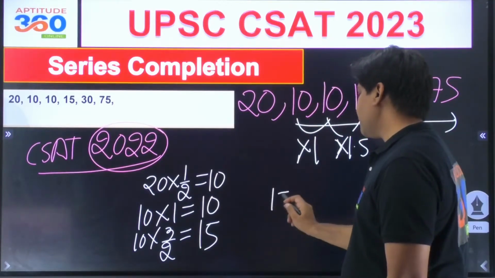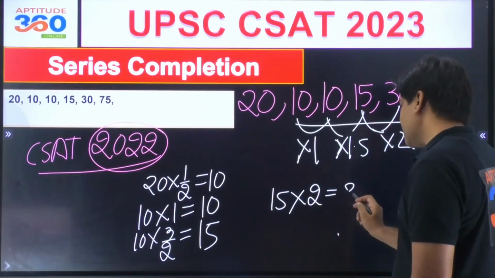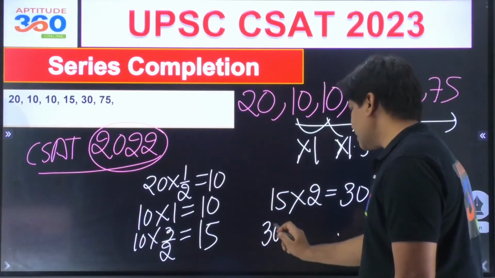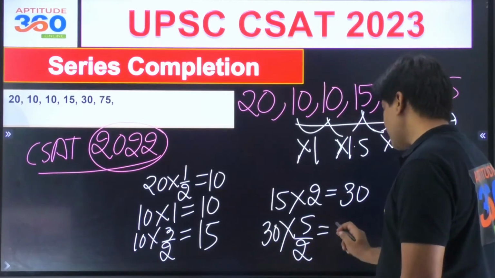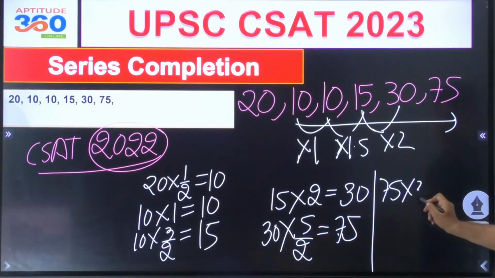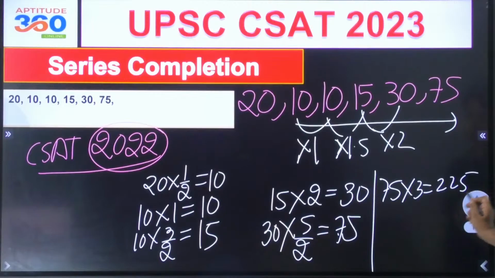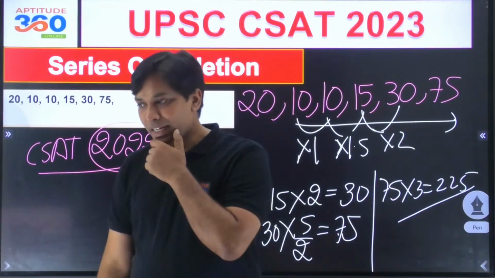And then 15 into 2 is 30, and then 30 into 2.5, which is 5 by 2, comes out as 75. So 75 into 3, this number is coming out as 225. Are we getting the answer?